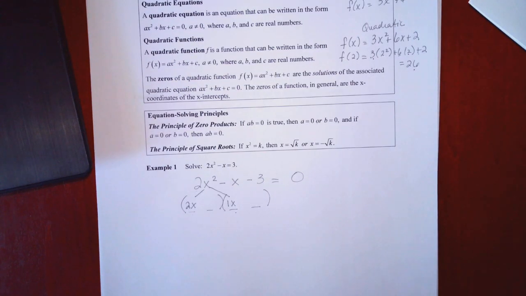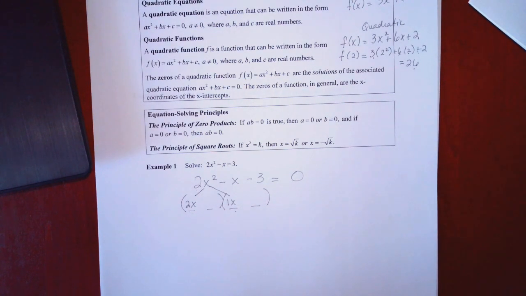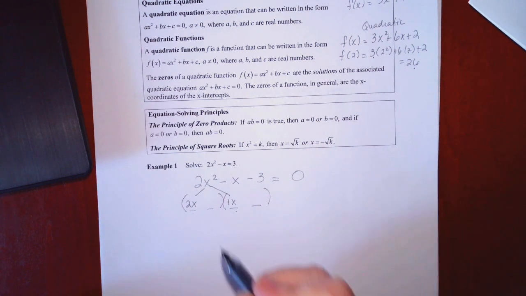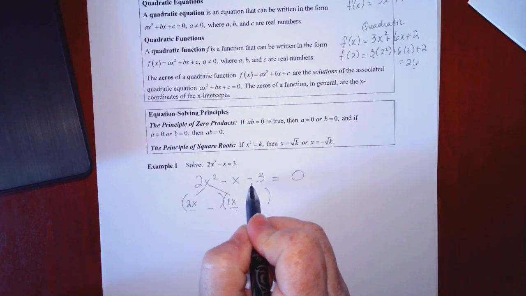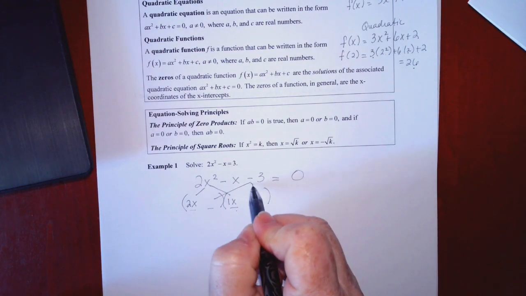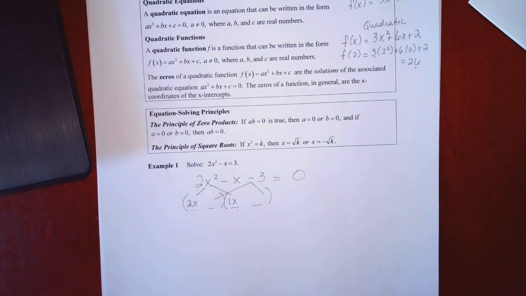Now, if that had been a bigger number like 72x squared or 64x squared, there'd be a lot more choices for those first two. But your first two terms in your binomial factors multiply together to give you your leading term in your quadratic equation. Now, the last two terms need to multiply together to give me the -3.